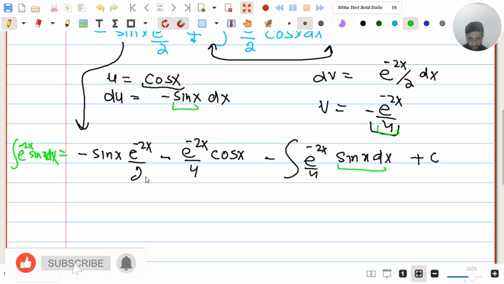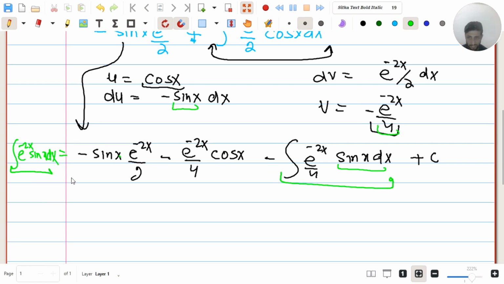So you just need to multiply this whole equation by 4 and rearrange the similar values. You can see that this is the same as this integral over here, and you can just use the operations.